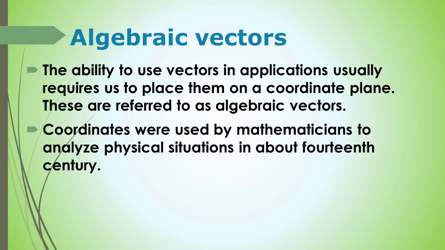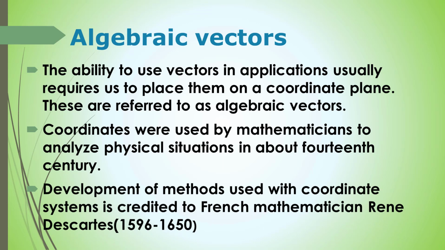Coordinates were used by mathematicians to analyze physical situations in about the 14th century. So these coordinate systems were first used in the 14th century, and afterwards they were widely used in the field of mathematics as well as in the field of physics. The development of methods used with coordinate systems is credited to the French mathematician René Descartes.